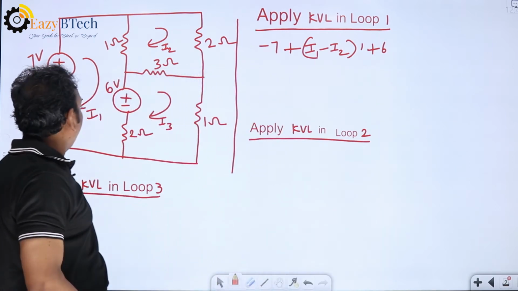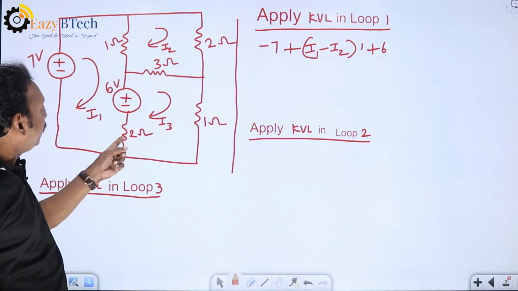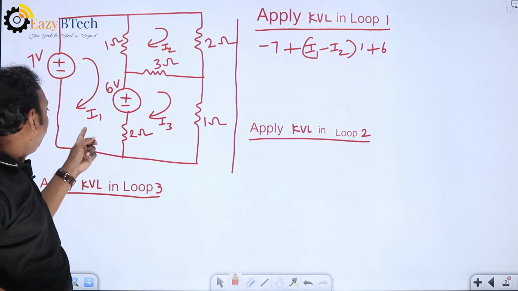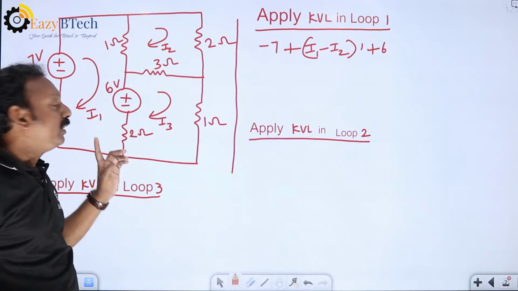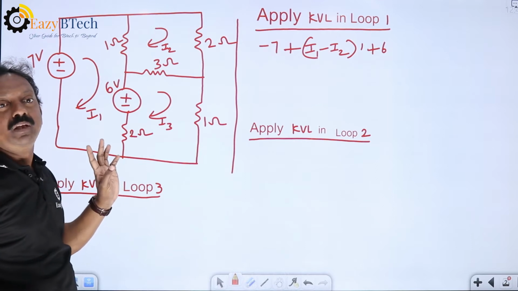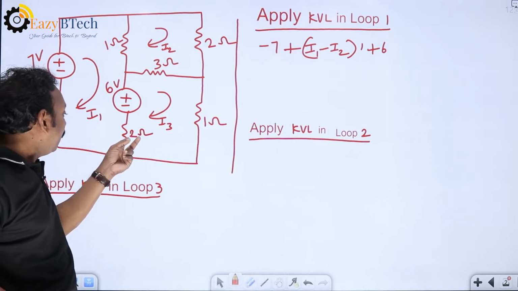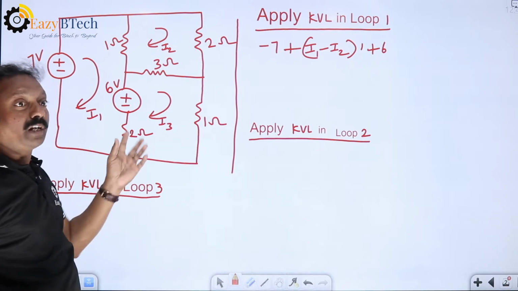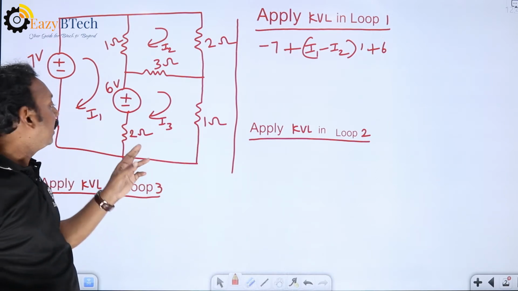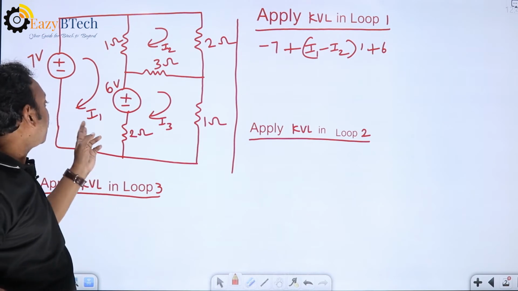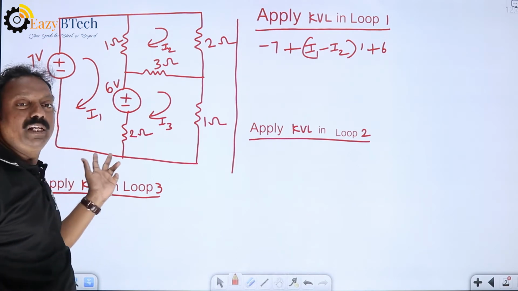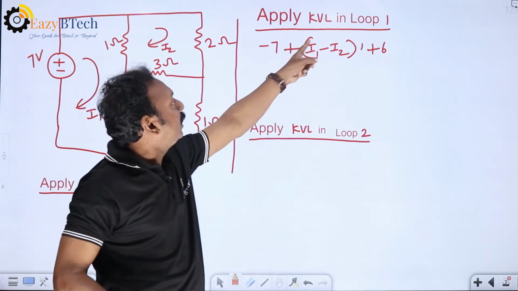Now, what is the voltage across 2 ohm? This 2 ohms is present between the first loop and third loop. So the difference between these two currents is the current through the 2 ohms resistor. So we have to write the I into R drop. That is the voltage across 2 ohms. Either I1 minus I3 or I3 minus I1. But we are writing the equation in loop 1.